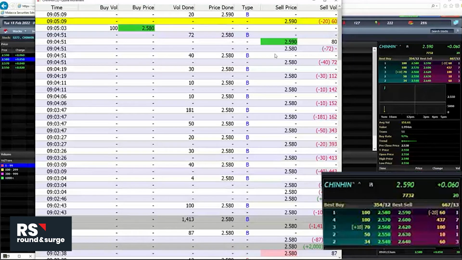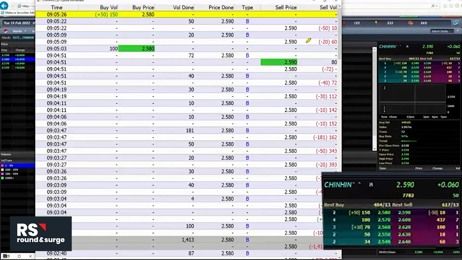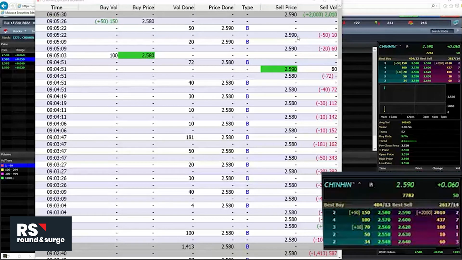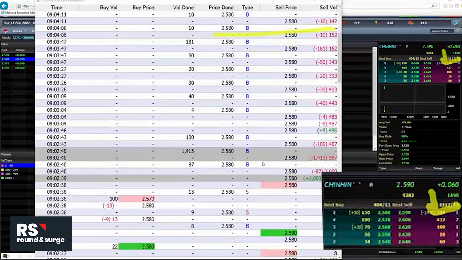They took 20 lots at 260 and then 50 lots, leaving 10 lots here. At 259 they refill to 2000 and they are being cleared, 1490. So it's about the same as just now.